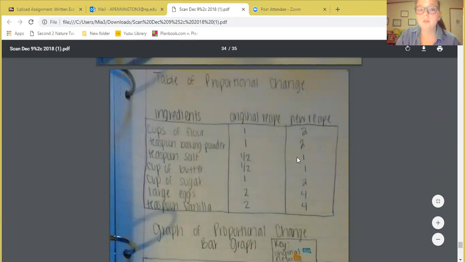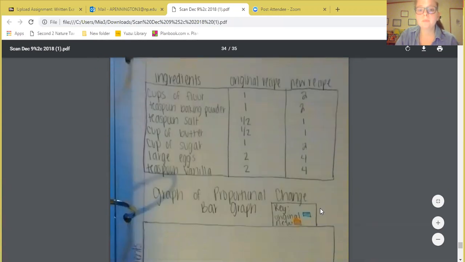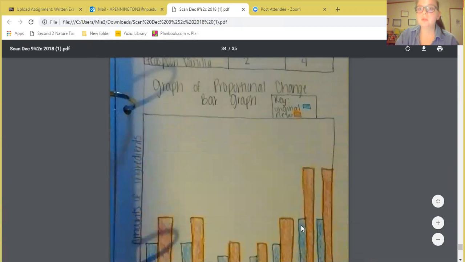Now we have 1 teaspoon salt. In our original recipe, we had 1/2 cup of butter. Now we have a whole one. We had 1 cup of sugar. Now we have 2. We originally started with 2 eggs, and now we have 4 large eggs. Then we originally had 2 teaspoons vanilla. Now we have 4 teaspoons of vanilla that we need to make the 24 servings.